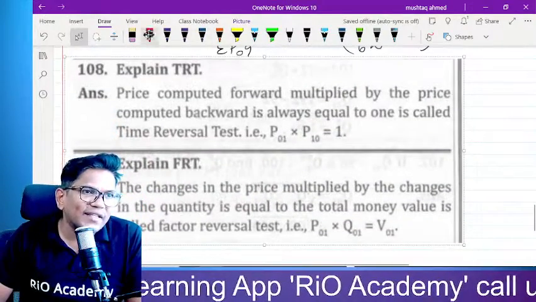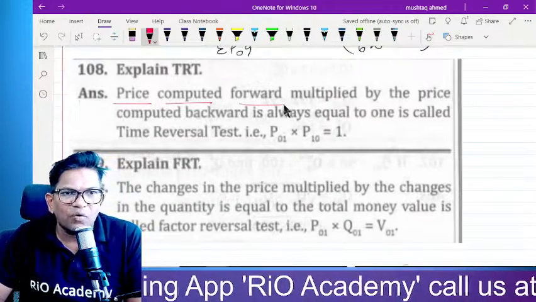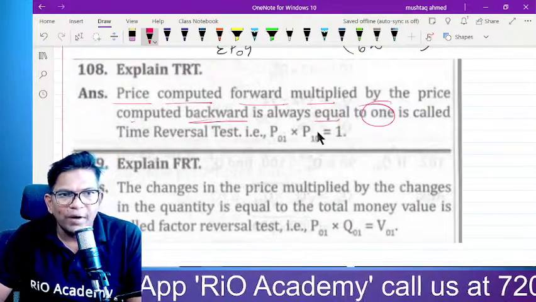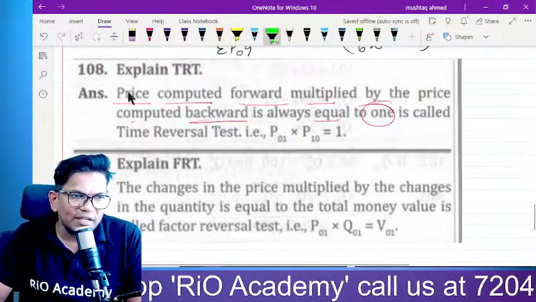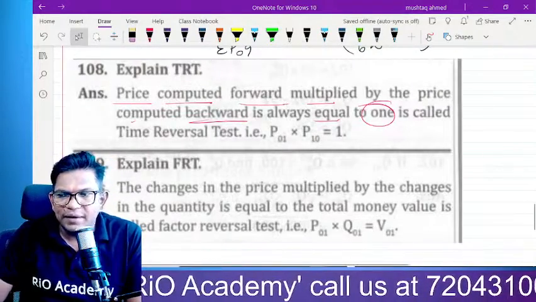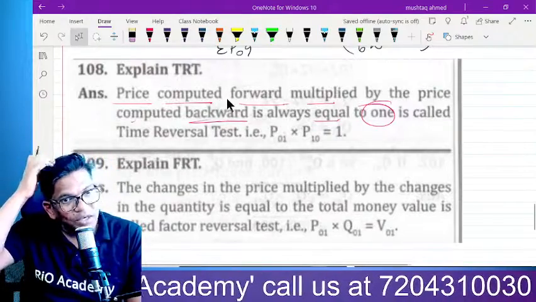What the TRT says is that the price computed forward multiplied by the price computed backward is always equal to 1. Very simple. Price computed forward multiplied by price computed backward is always equal to 1.